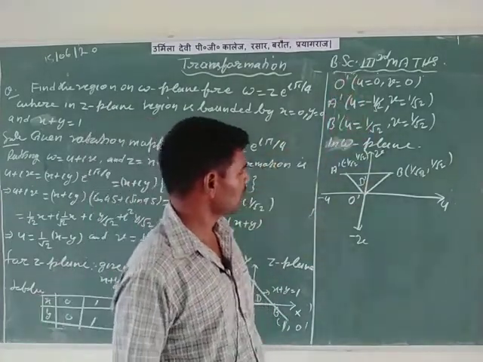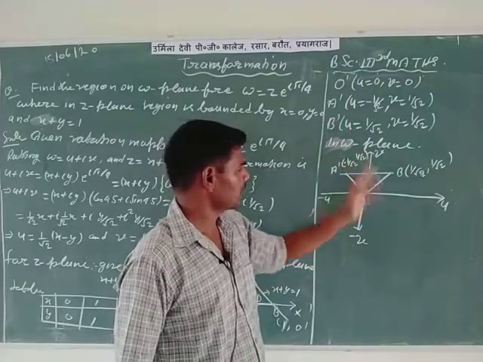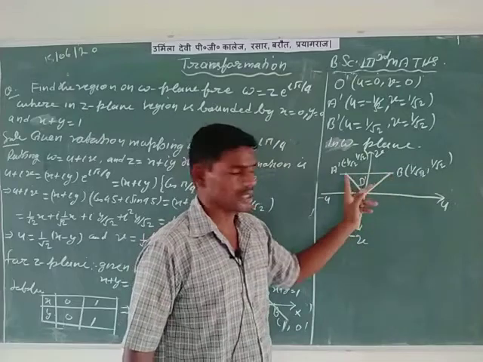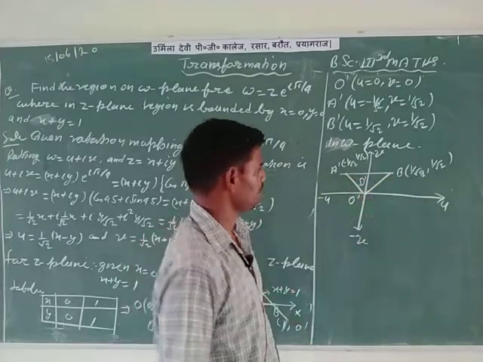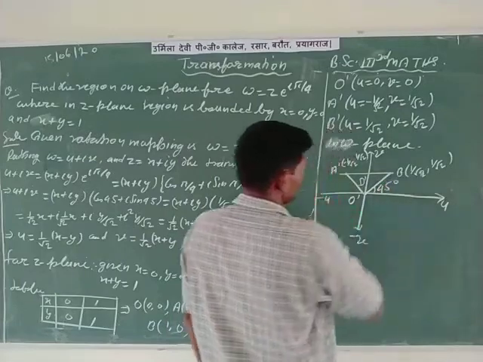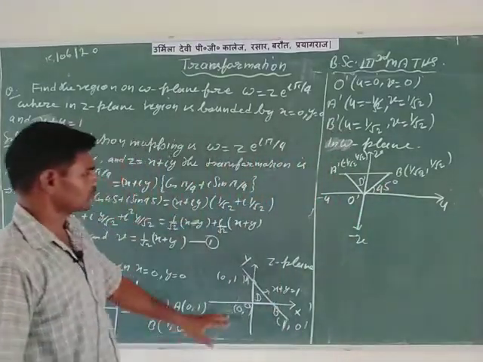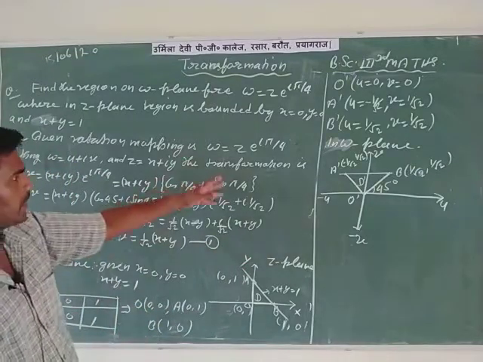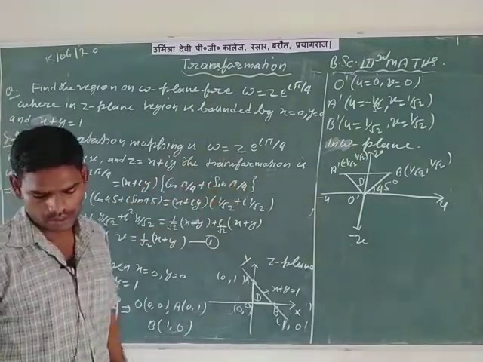Plot these points on the W plane, then the complete figure D dash is a triangular figure which is rotated by 45 degrees from the original figure in the Z plane. So this mapping is a rotation mapping, and this is the complete solution of the question.